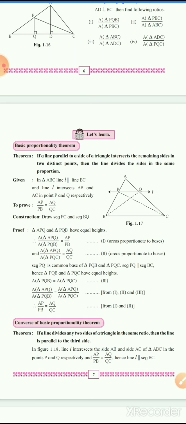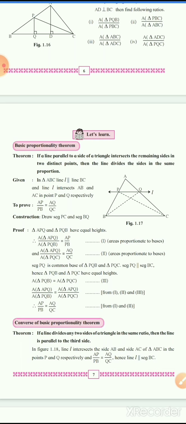So from statements 1, 2 and 3, area of triangle APQ upon area of triangle PQB is equal to area of triangle APQ upon area of triangle PQC. Means the denominators which were different are also the same because of statement number 3.